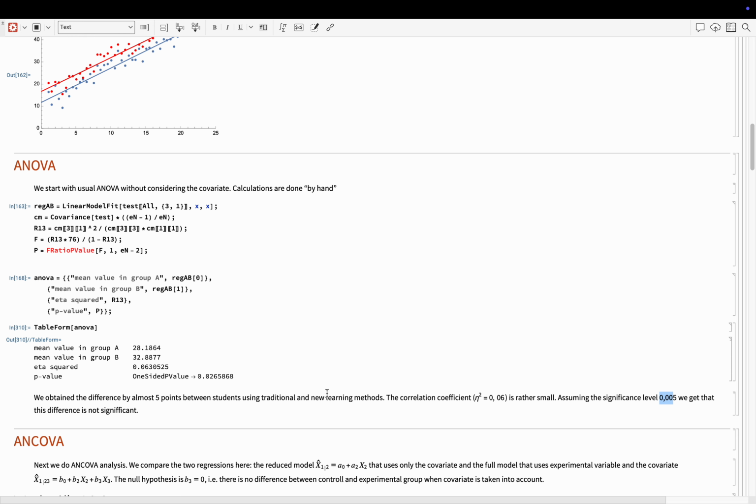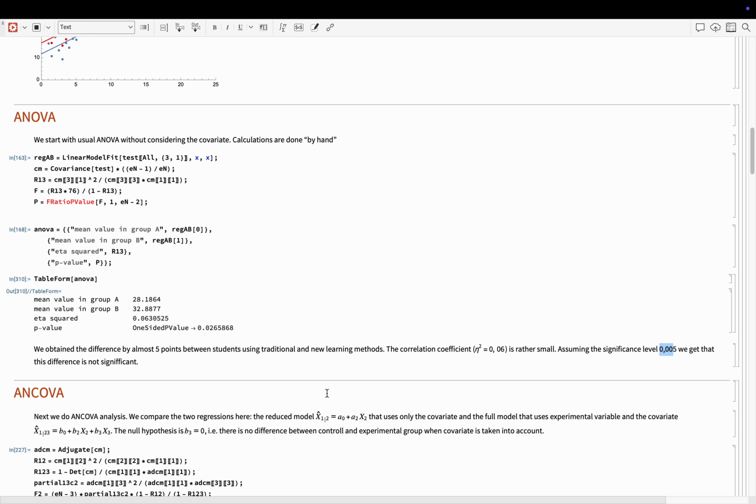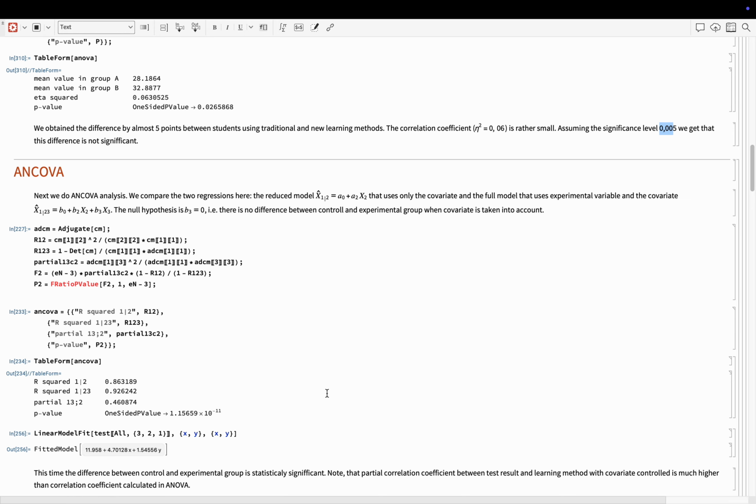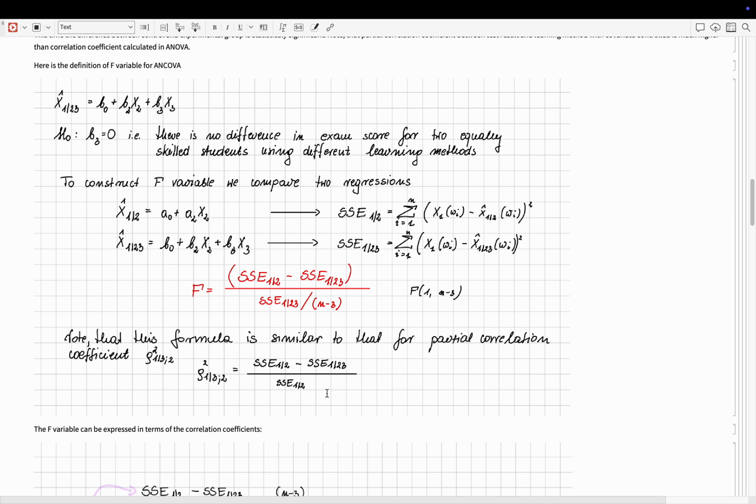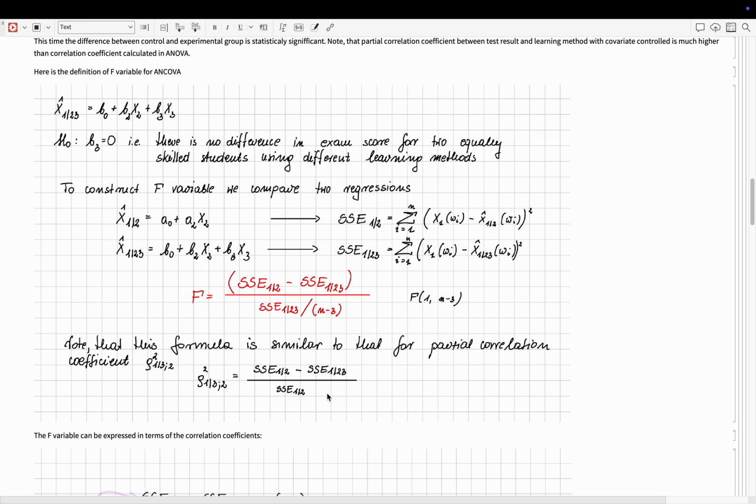Before we do the calculations for Ancova, let us discuss how the whole test is constructed. So what we do in Ancova, we in fact compare two linear regressions. One is the so-called reduced model that consists of linear regression of the dependent variable with respect to the covariate.